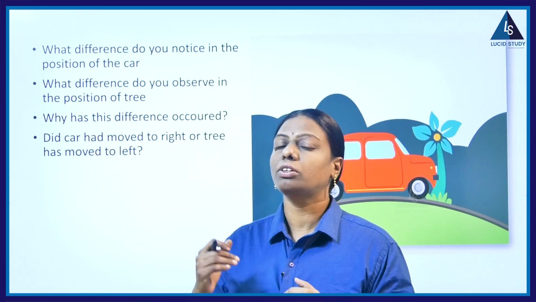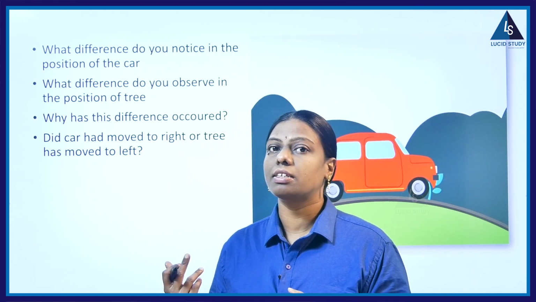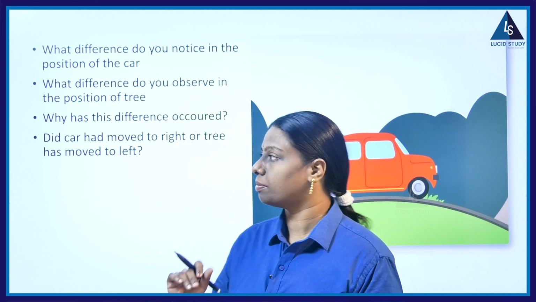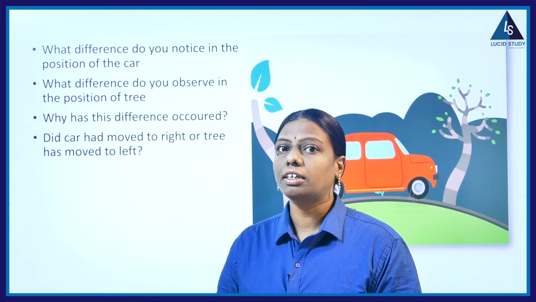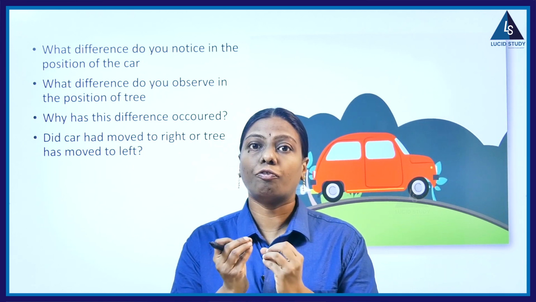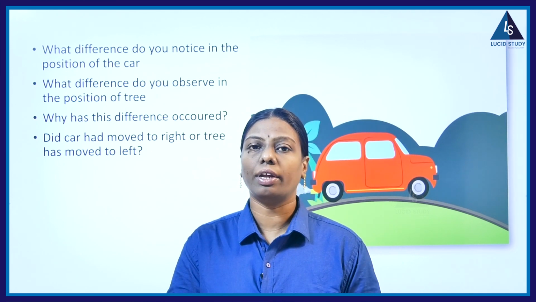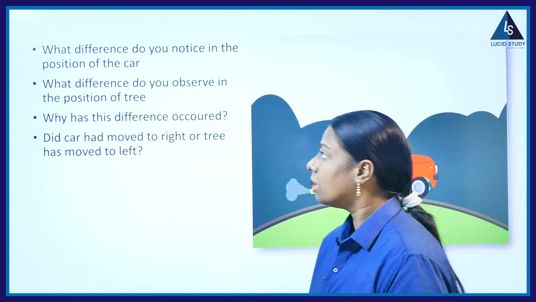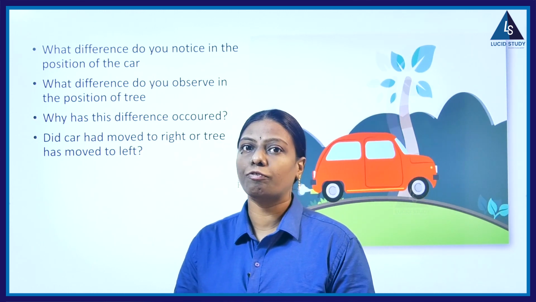So with respect to the car, the tree is in motion, but with respect to the surroundings, the tree is at rest. Why did this difference occur? Because of the point of observation or frame of reference. Did the car move to the right or the tree move to the left?